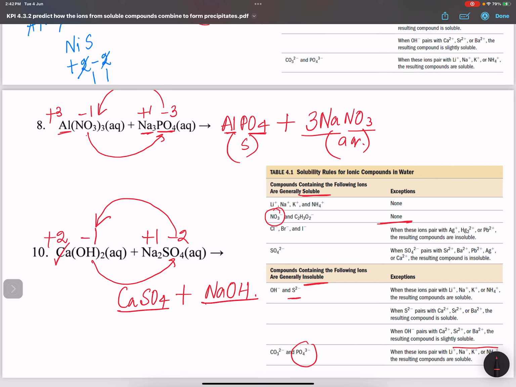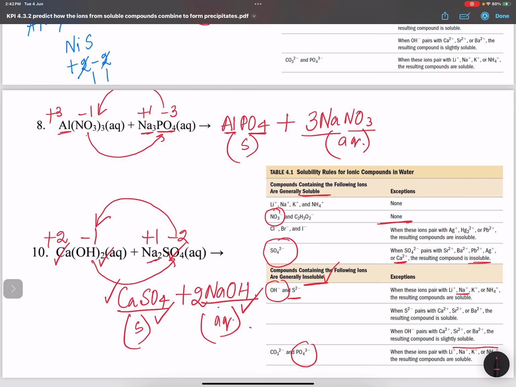Then you have 1 calcium, 1 calcium, 1 sulfate, 1 sulfate, 2 Na, so I'll put 2 here, 2 OH, 2 OH. Assign them the physical states. Sulfate is with calcium, so it is insoluble, so it's going to be my solid. OH is insoluble, but it is with Na, so it is going to be soluble.